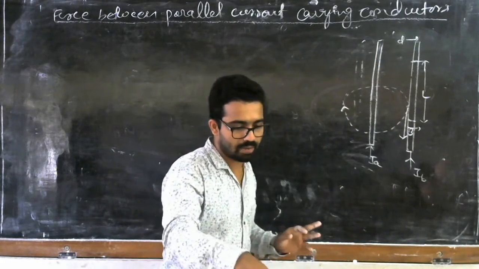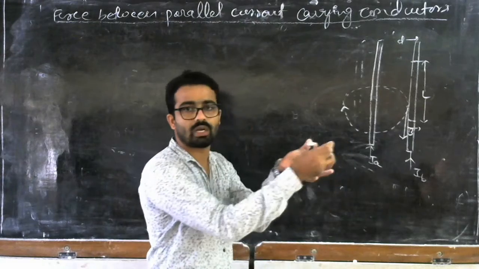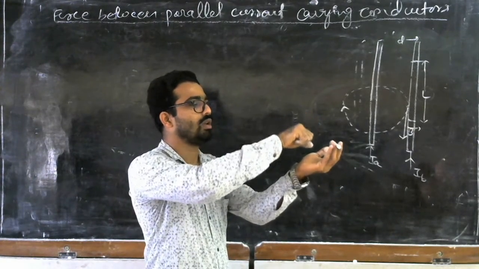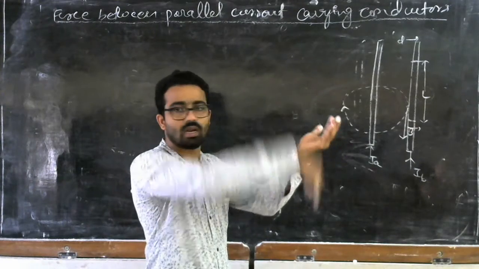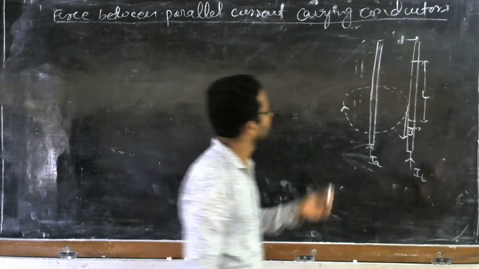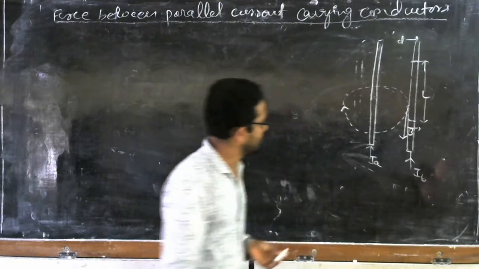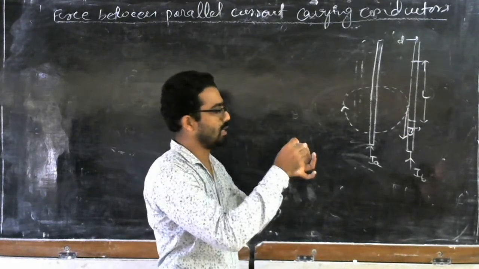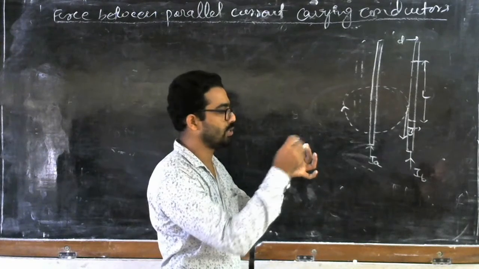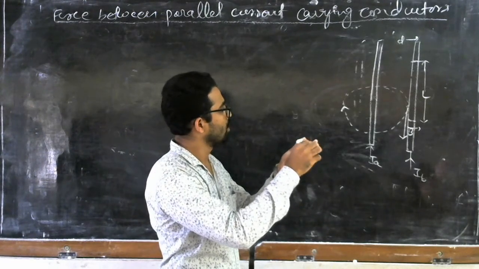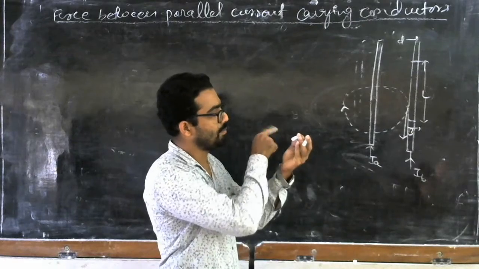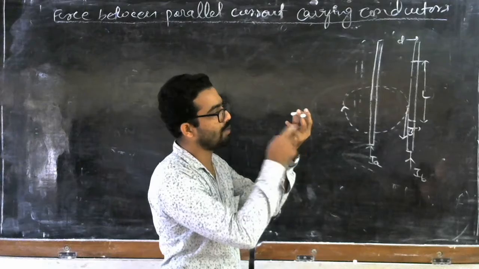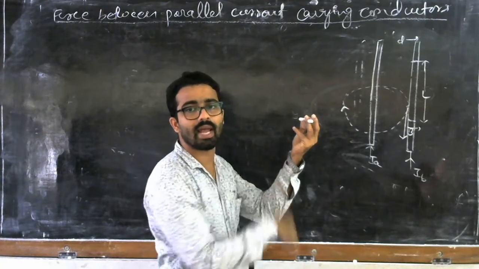For example, these are the two conductors. Here you have to apply the rule, so the direction of magnetic field here will be downward. This is conductor A, current IA is flowing through it. This is the direction of current, and the magnetic field is downward. That means the angle between them is 90 degrees.